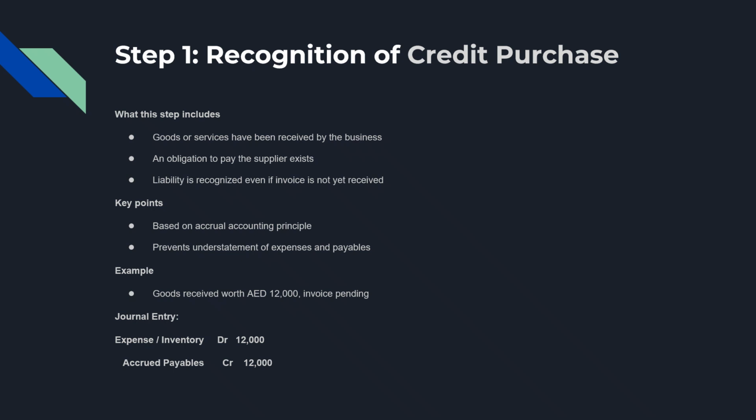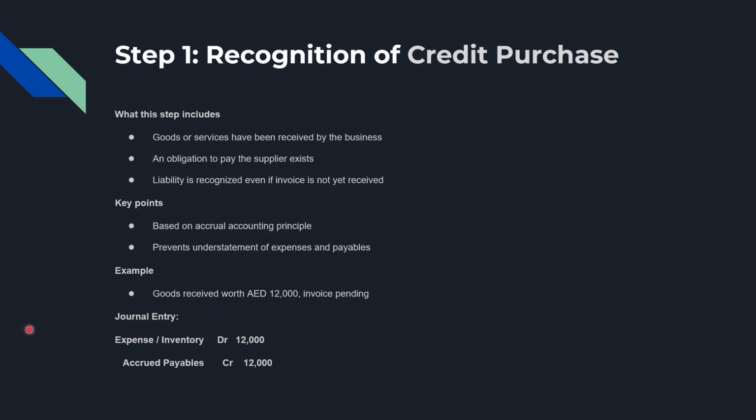So the first step is recognizing a purchase made on credit. At this point, the business has received goods or services and an obligation to pay the supplier exists. This obligation is recorded even if the invoice has not yet been received. This approach follows the accrual accounting principle and helps avoid understating expenses and payables.